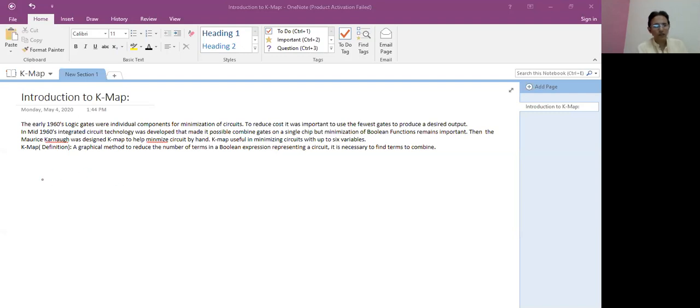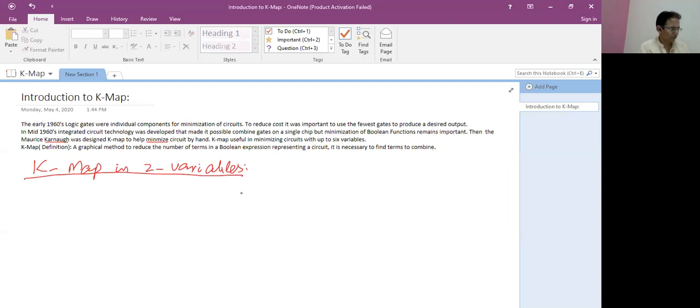Now, when we talk about K-maps in two variables, we take a square and divide it into 4 squares.